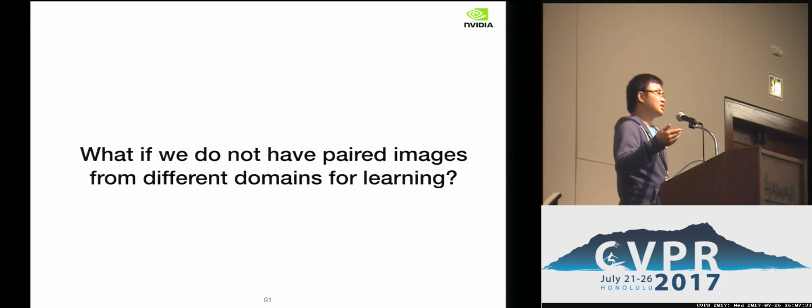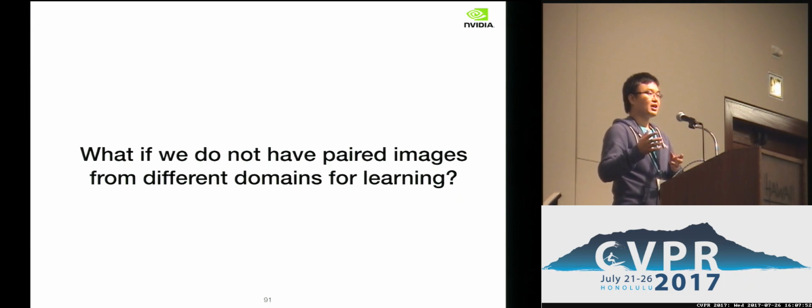Then it motivates you to figure out a way to learn the joint distribution using samples from marginal distributions. You only have images from the first domain, some summertime images, and another set of images, like some wintertime images. You don't have correspondence, but you want to learn to model the joint distribution of these two modalities.